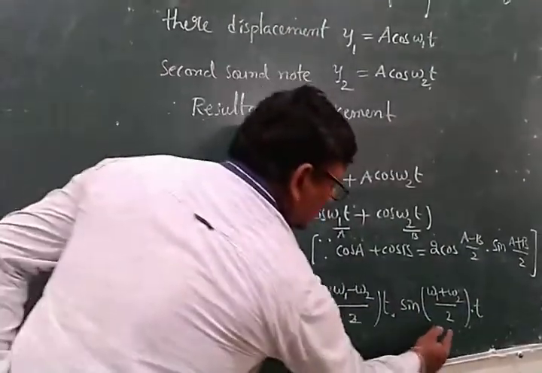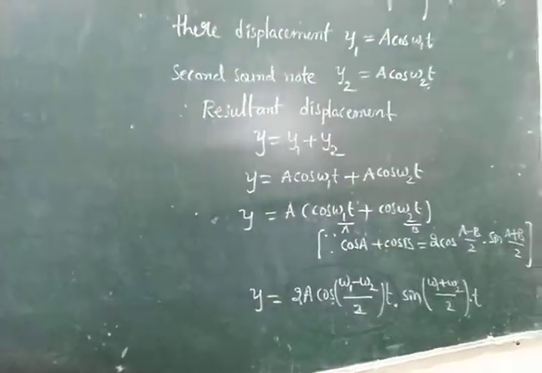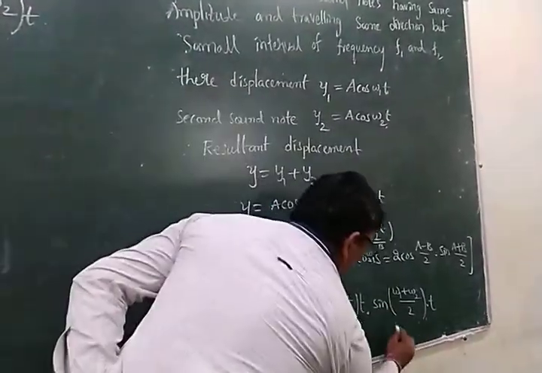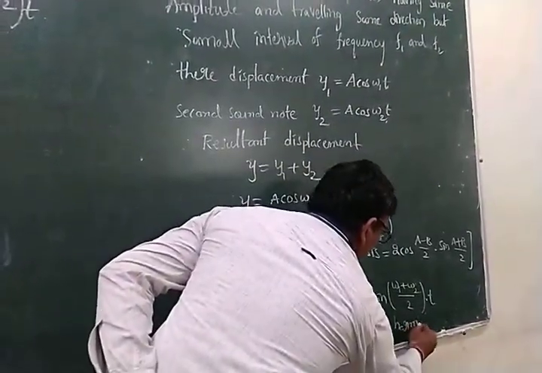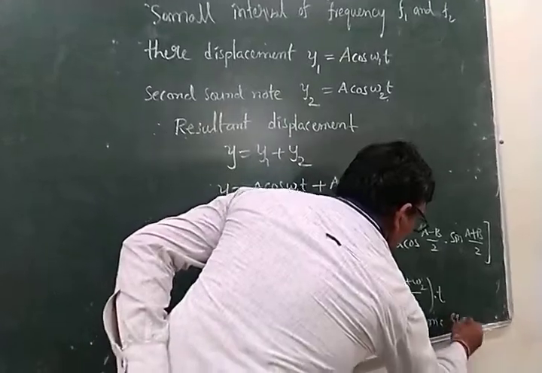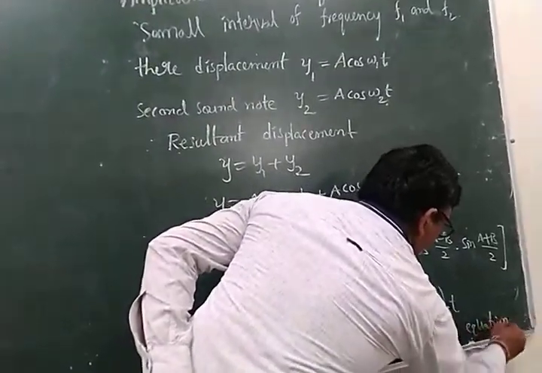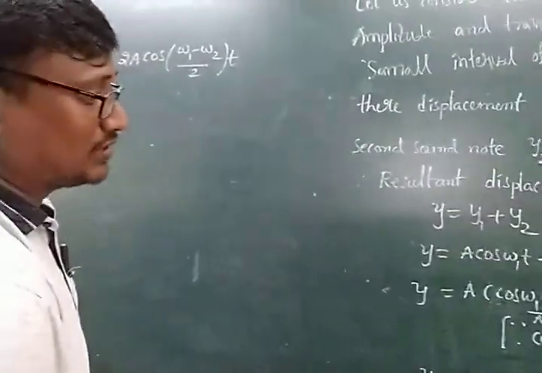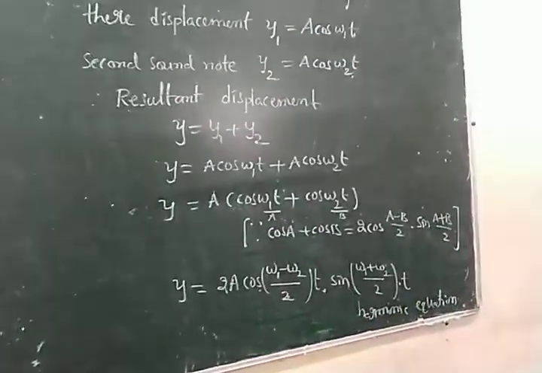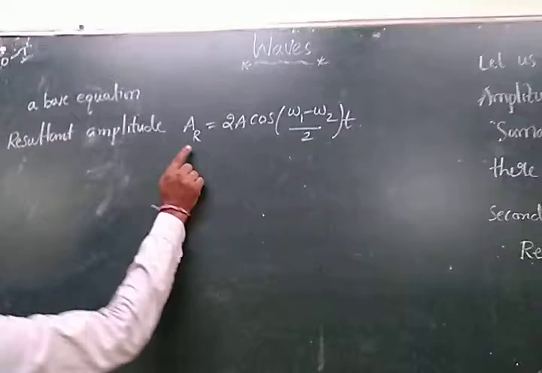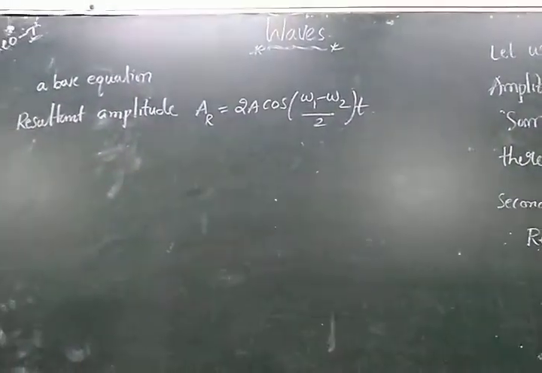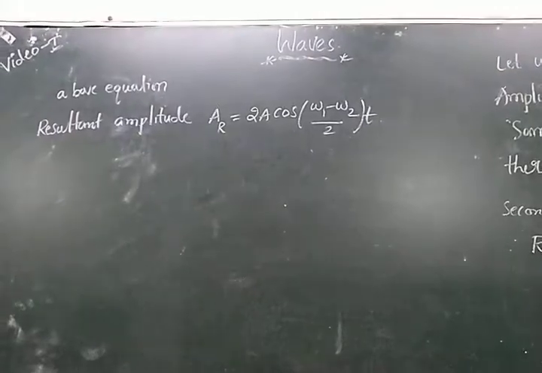The remaining term, the sine of (omega 1 plus omega 2) by 2 into t, is indicated by the harmonic equation. Now this resultant amplitude AR is equal to 2a cos of (omega 1 minus omega 2) by 2 into t.